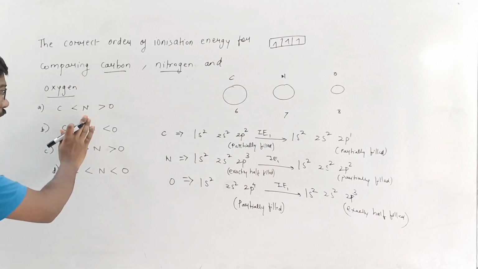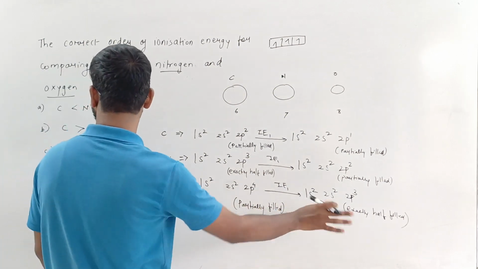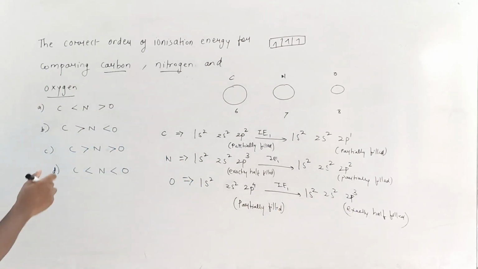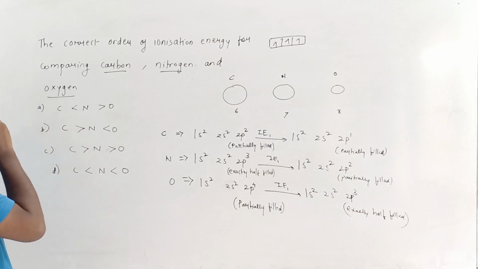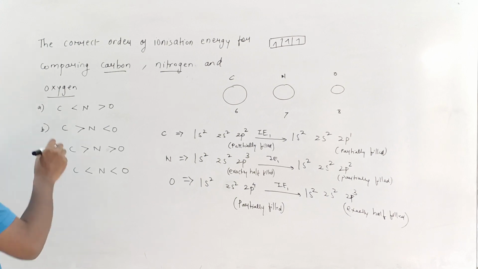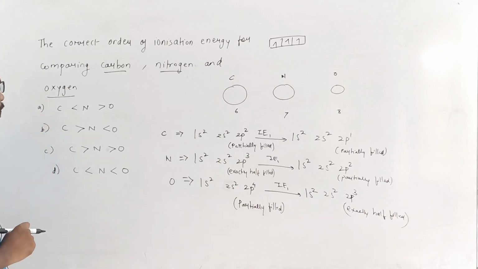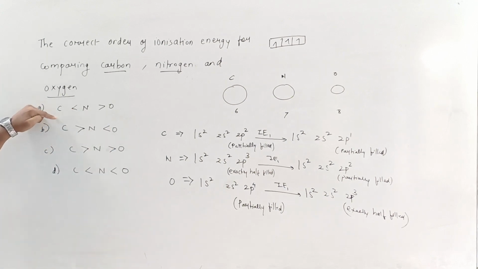Sorry, it will have less ionization enthalpy than oxygen, because this process is easy. Means my option C will be correct. One minute. No, C won't be the correct answer for this. Option A should be correct over here, because nitrogen will have higher ionization enthalpy than the carbon.